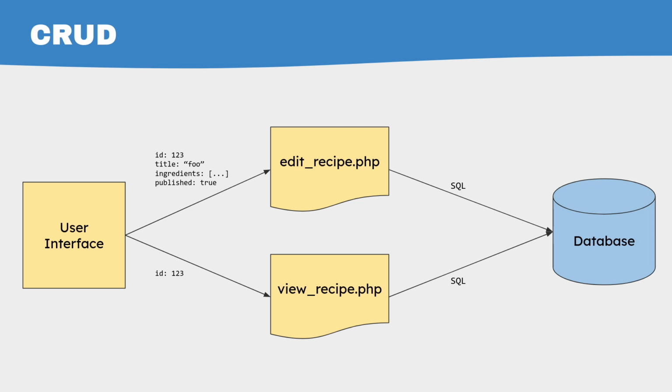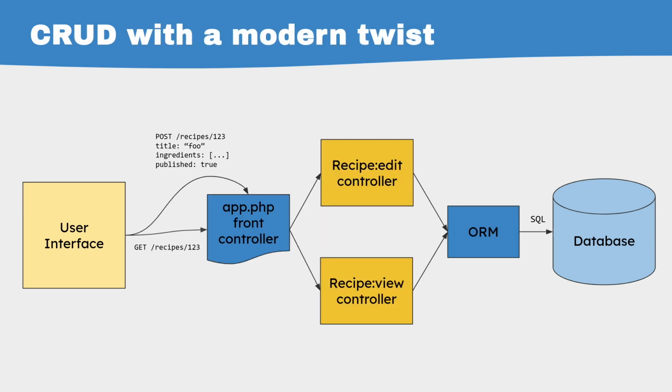It's almost the same. And we can make this slightly more modern. This would be maybe 5, 10 years ago. You see all kinds of this stuff. You would then add in a framework, which has a front controller, which does all the routing for you. And then you have an edit controller and a view controller, and they talk to an ORM. So you don't talk directly to the database anymore, but you have an object-oriented abstraction layer around it.